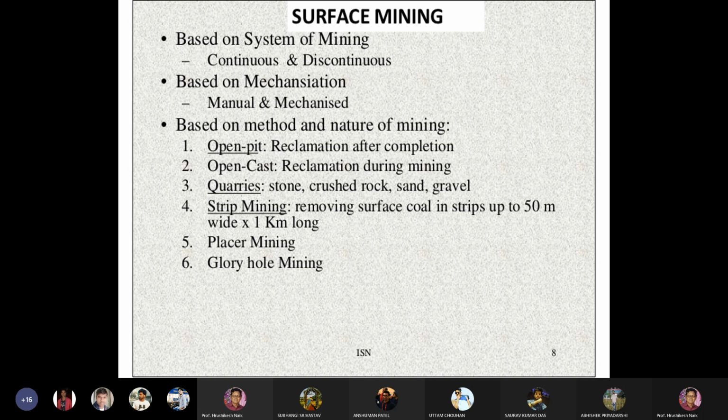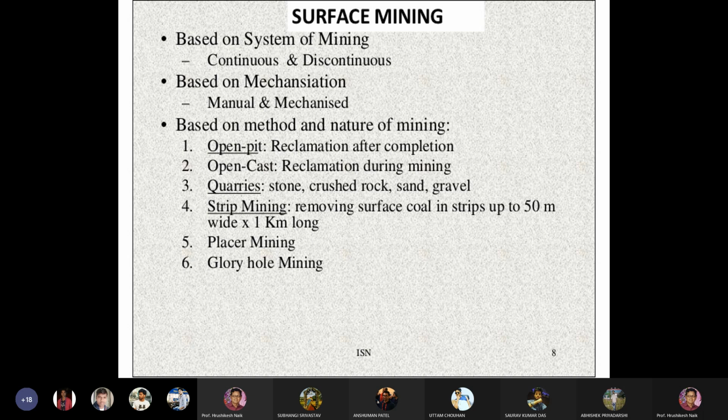Based on mechanization, it can be manual mining using manpower, or it can be mechanized mining by using machines. So based on method and nature of mining, the opencast mining, open pit mining, surface mining are of the following types. So what is open pit mining?